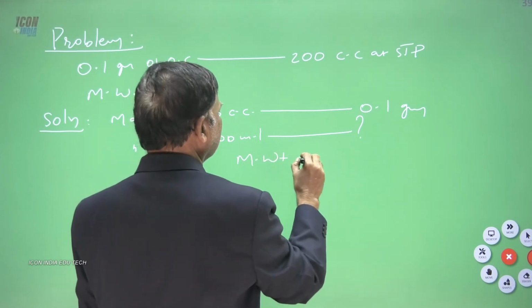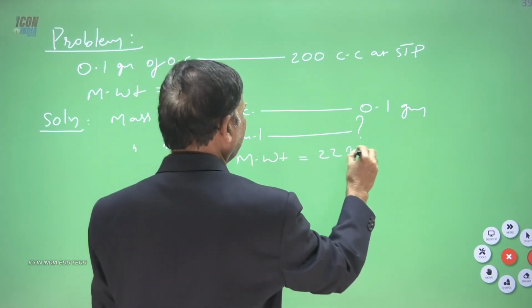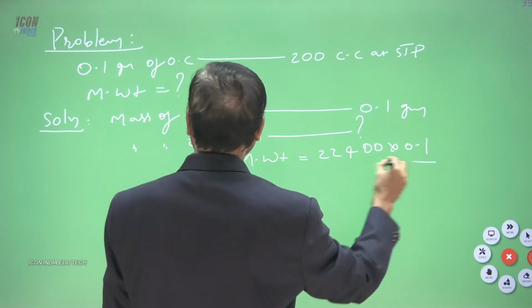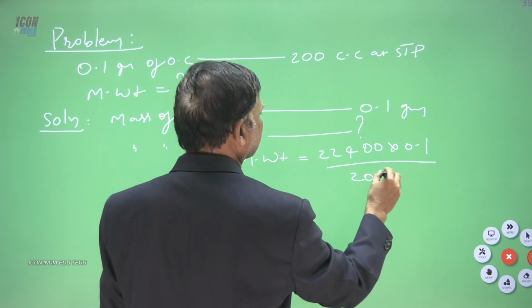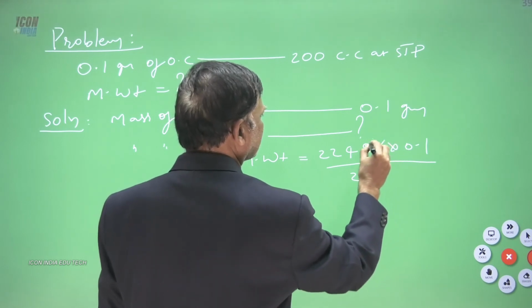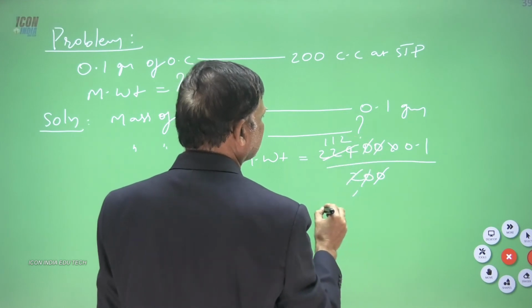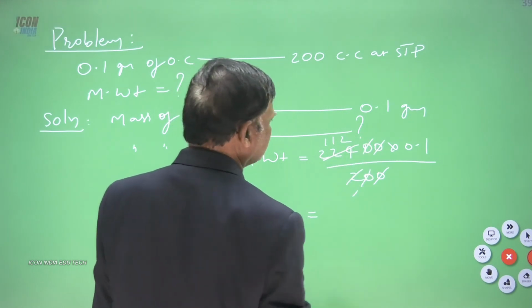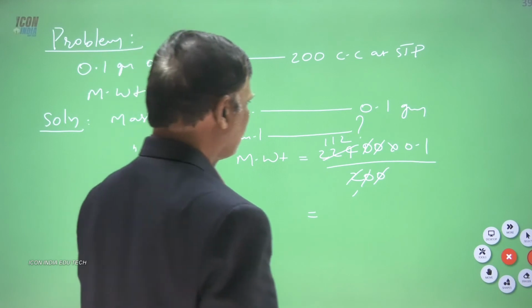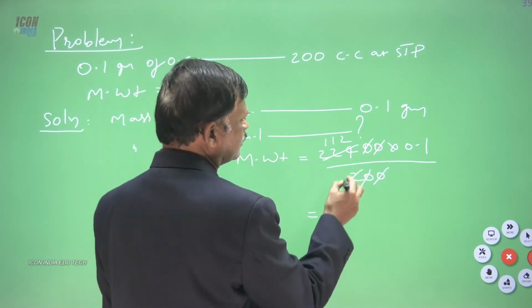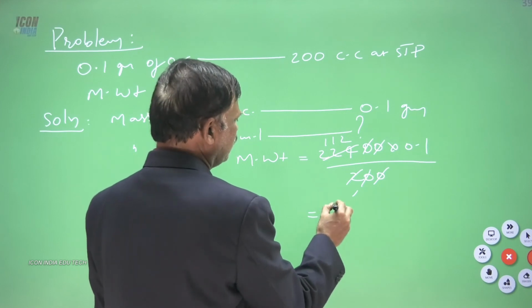Very simple. 22,400 into 0.1 divided by 200 is 11.2.